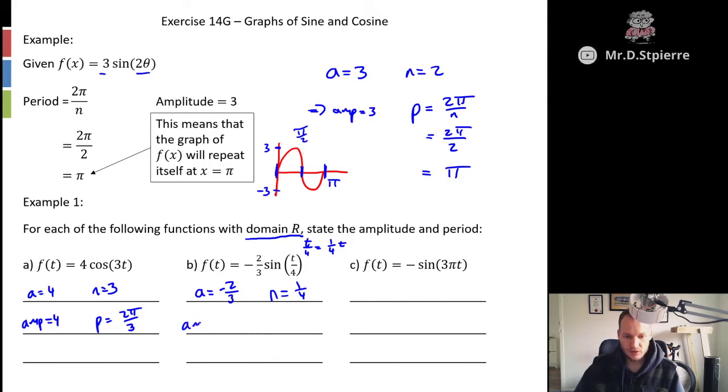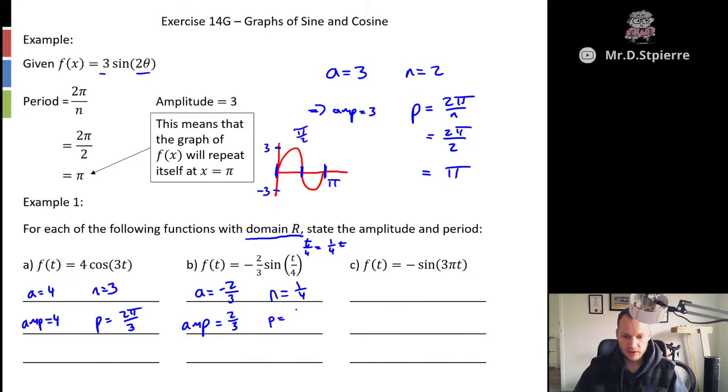So our amplitude is equal to 2/3. It doesn't have the negative sign. That negative sign would actually act as a reflection, like we've seen in all those other graphs. Sticking a negative out the front reflects it about the x-axis, so flip it upside down, but it doesn't affect the amplitude. So the amplitude is just 2 on 3.